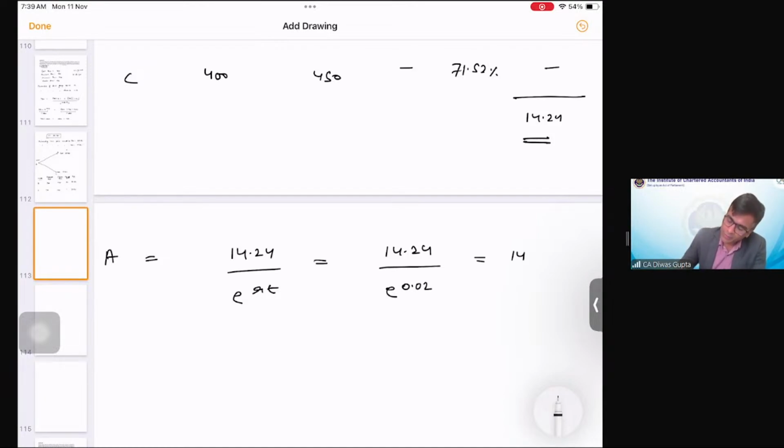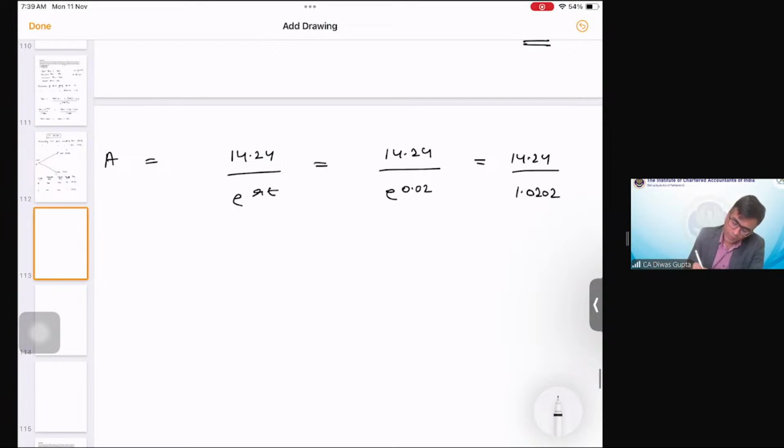This is actually 14.24 divided by 1.0202. So the value of call option will be 13.96.